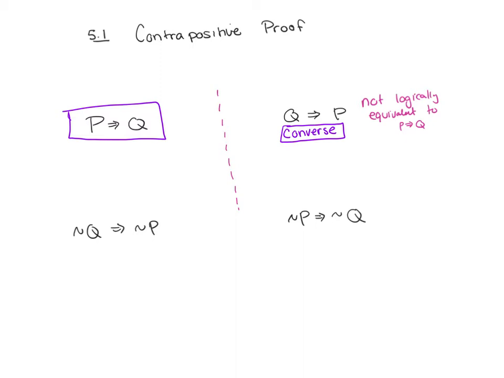But we've seen that if you switch the order and negate them, so that you get not Q implies not P, that is logically equivalent. So that's called the contrapositive.